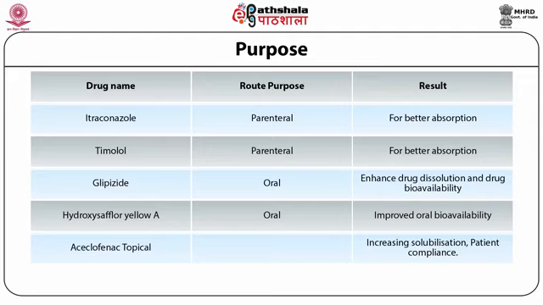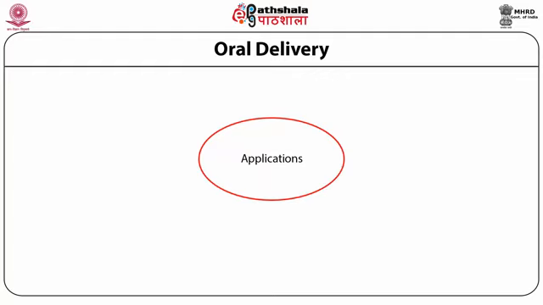Therefore, these delivery systems are effective as oral microemulsion systems, and improve the oral bioavailability of hydroxycephalur yellow A. They are also known for increasing solubilization and patient compliance of Acyclovir topical delivery systems. On this basis, we can conclude that there are a lot of applications of microemulsion based delivery systems in different areas of pharmaceutical preparations.